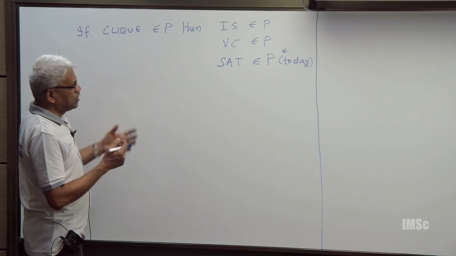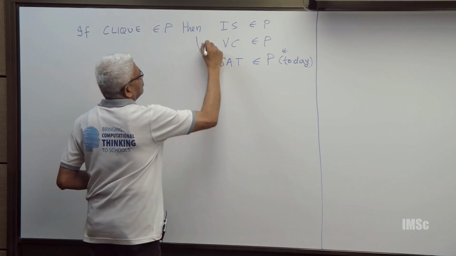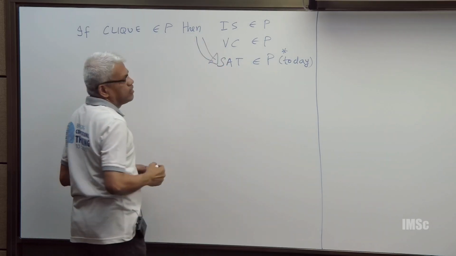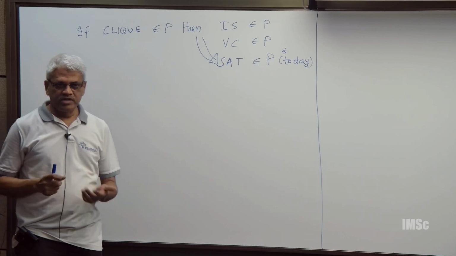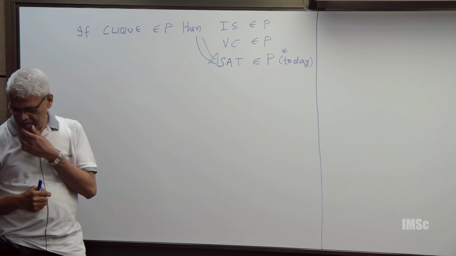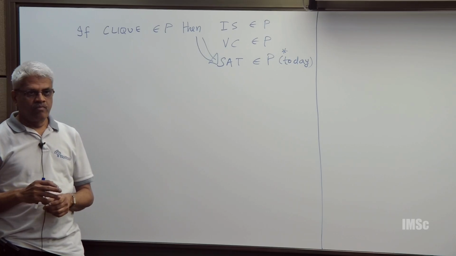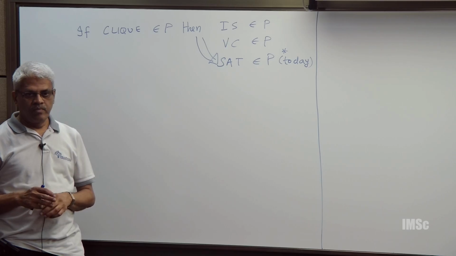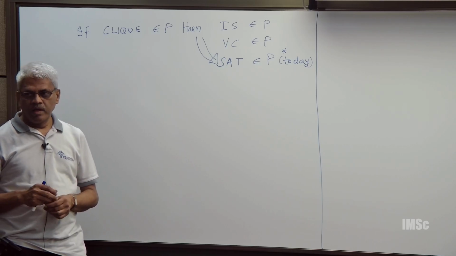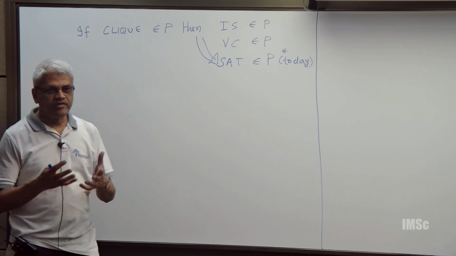So, I want to show this, right. So, what is given to me and what do I have to show? What is given?